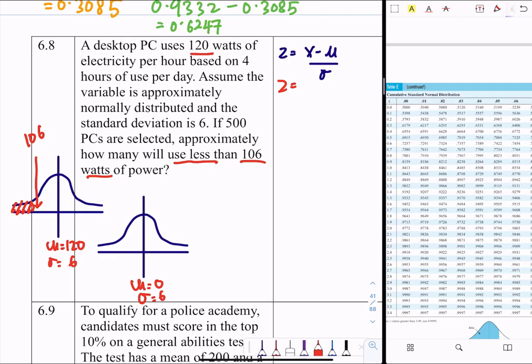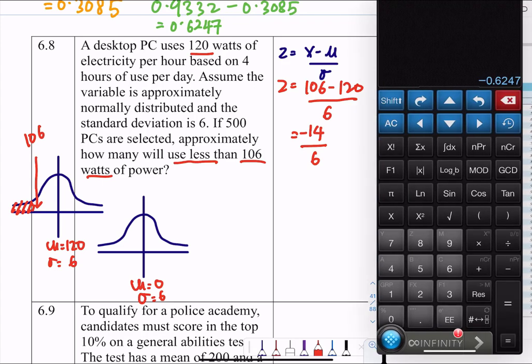The mean, we have 106 minus 120 divided by the standard deviation. Here we have negative 14, right? Divided by 6.